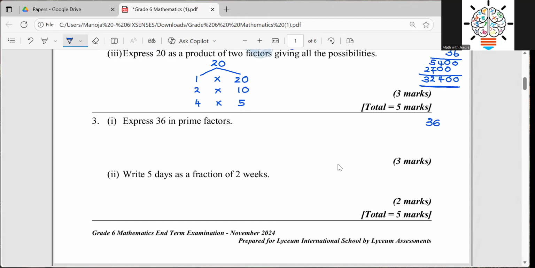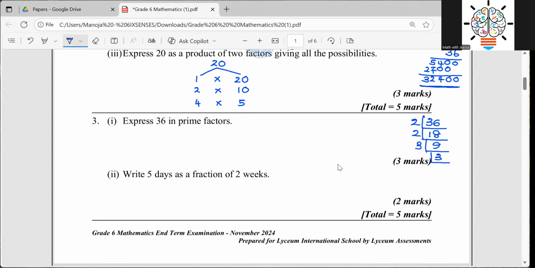So then when you want to express a number in prime factors, we start dividing the given number by the prime numbers. We start from the lowest possible prime number, that is 2. So then I divide this by 2, it gives me 18. Again, I divide this by 2 and it gives me 9. 9 I can't divide by 2, therefore I move to the next prime number, that is 3, and this becomes 3.